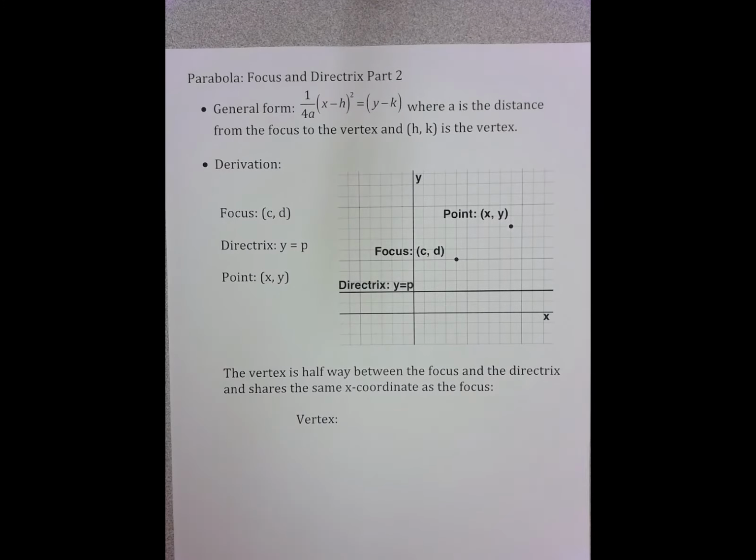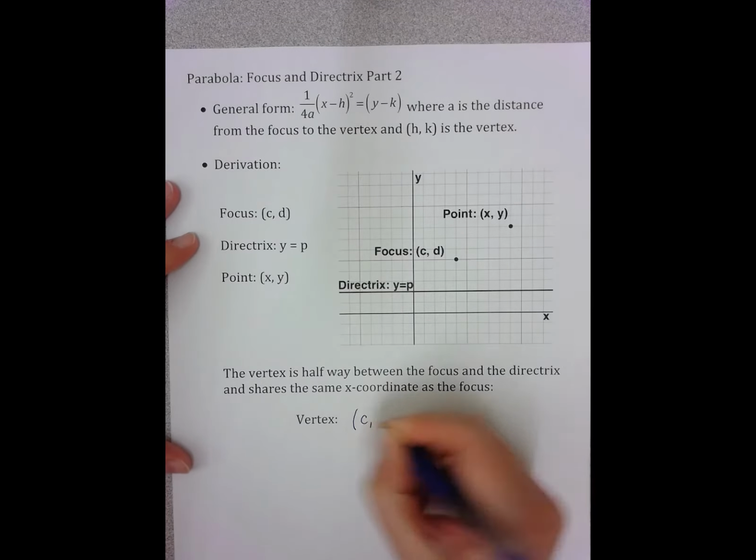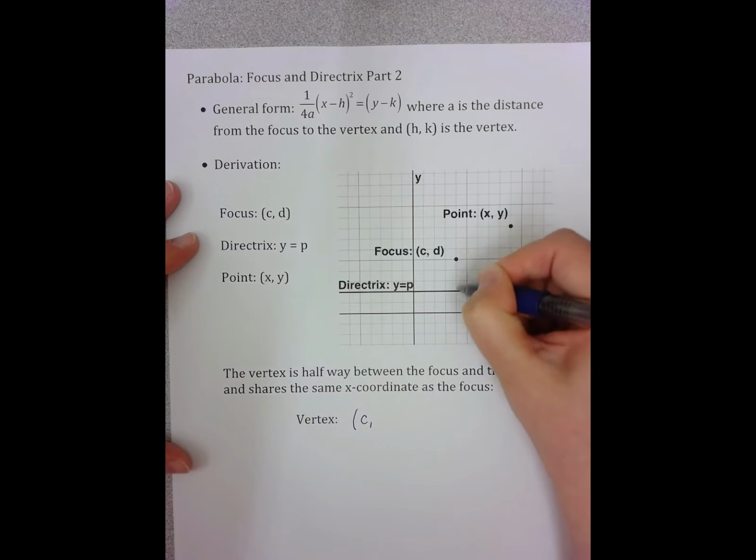So the first thing that I want to do is identify where the vertex is. You'll remember from previous problems that the vertex is going to have the same x coordinate as the focus. So it's going to be at C. It's going to be somewhere here.